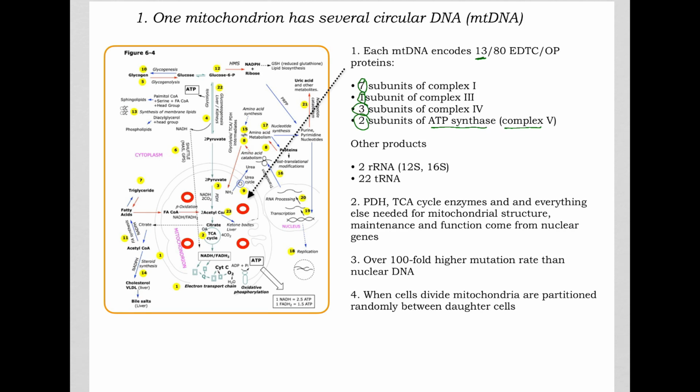The other products from the mitochondrial DNA include 2 ribosomal RNAs and 22 transfer RNAs that are all needed for protein synthesis.